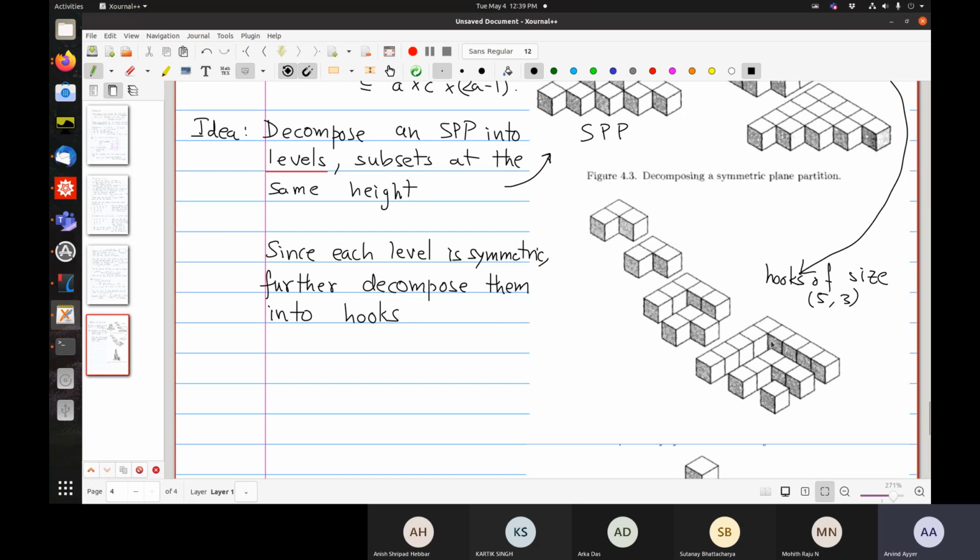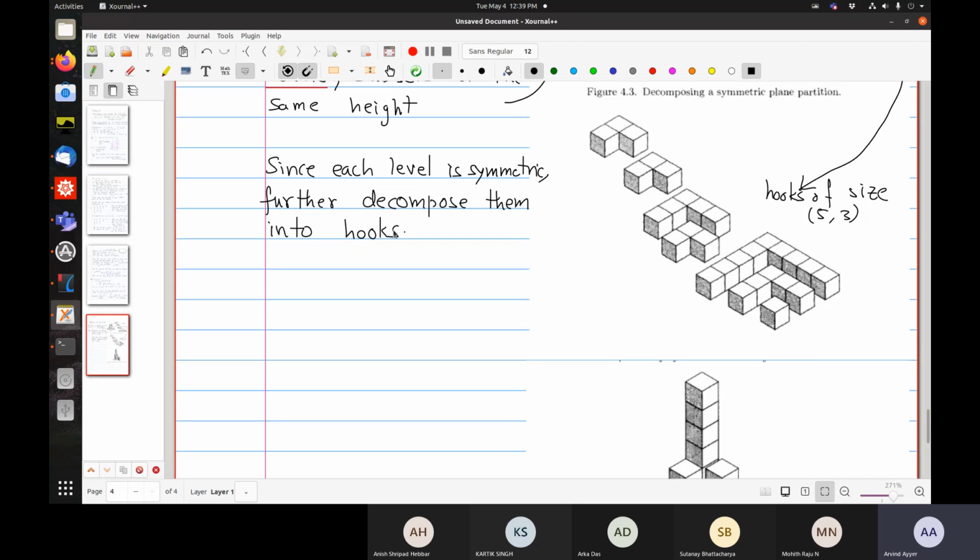And now you can see that because of the symmetry of each level, the hook lengths are odd, and strictly decreasing in each level.